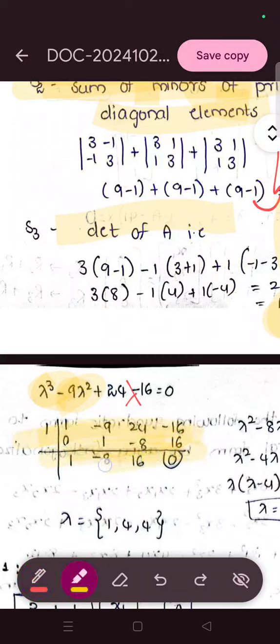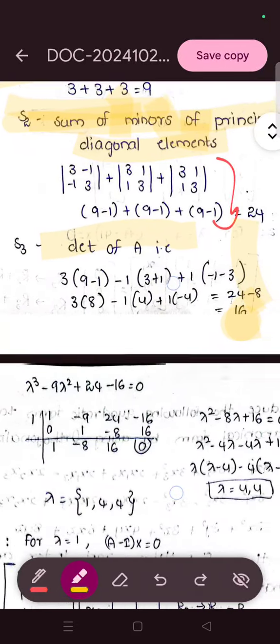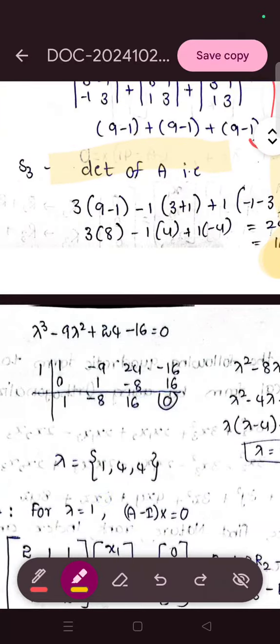Lambda equals 1 is one root, and by using that root you can reduce the cubic equation to a quadratic. Finally we get the characteristic roots or eigenvalues: lambda equals 1, 4, 4.